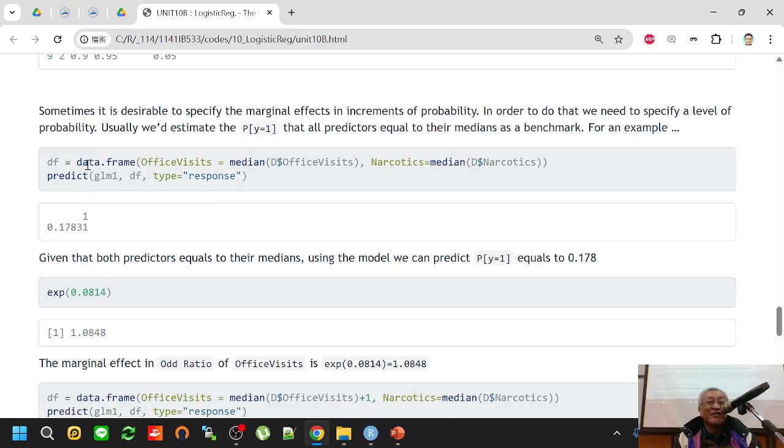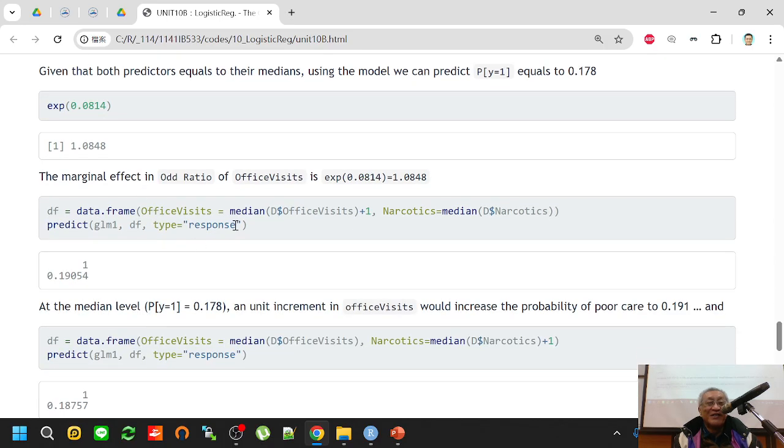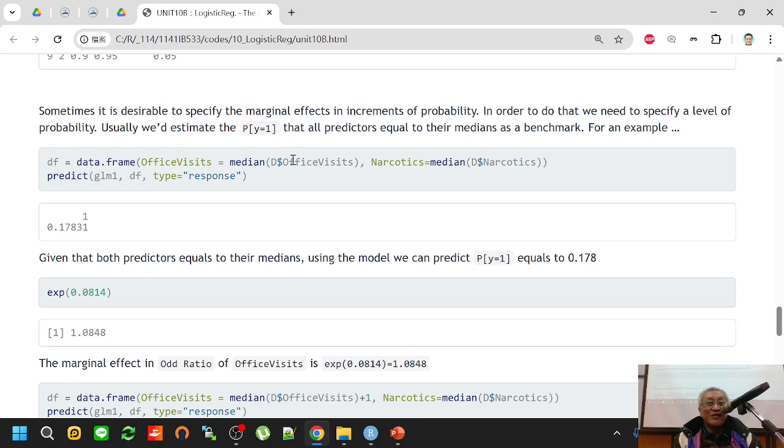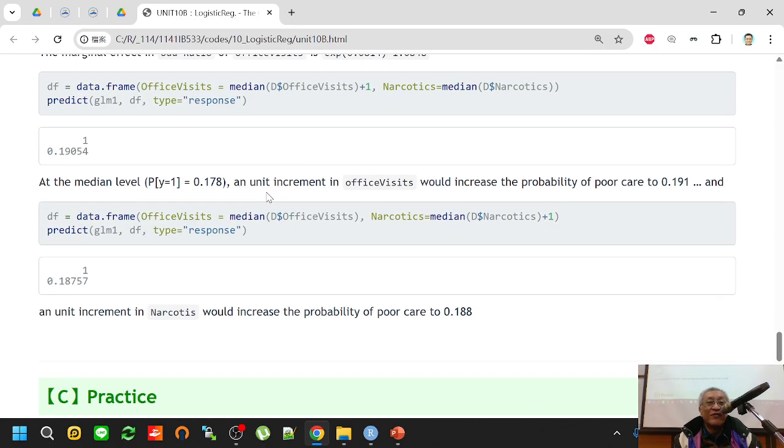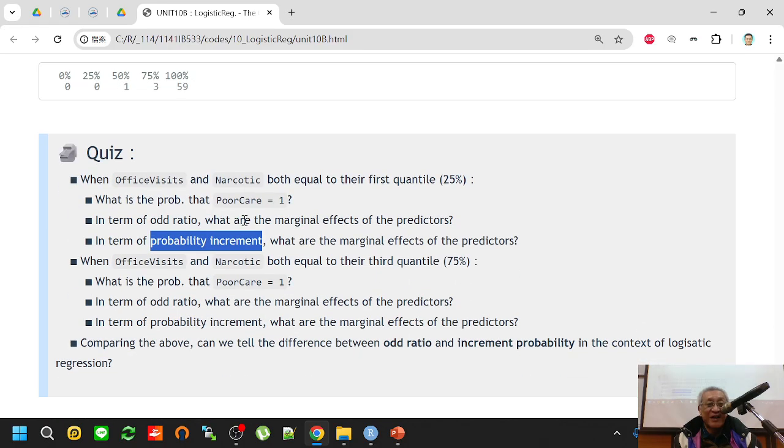You need to define the data frame, and in this data frame you put in the values of x and predict the probability. Then you do an increment on one of the predictors, and then you can calculate the marginal effect in terms of probability increment.